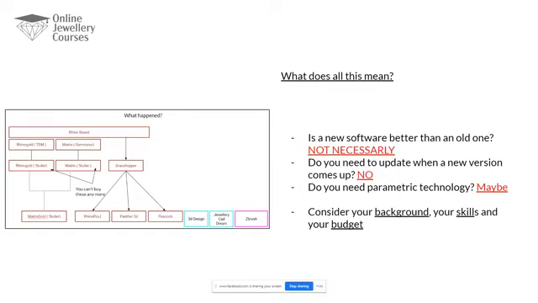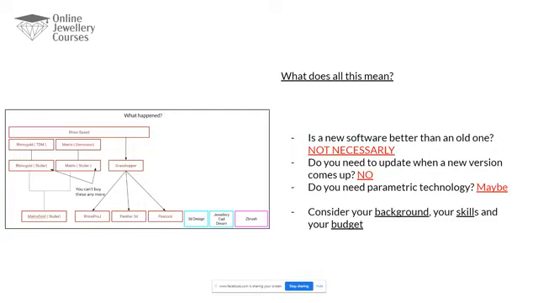I've never done that. Well, maybe once. So for me, something parametric doesn't really make sense. If you're working with collections, and you know you're going to make the same ring in different gem details or finger sizes, then it might make sense.